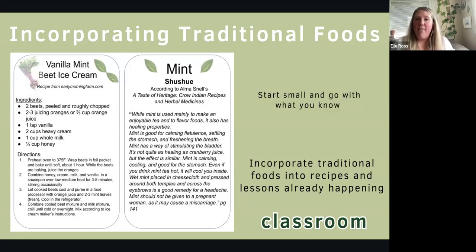And anytime we have that knowledge from a wonderful book, you'll see several times in this presentation, A Taste of Heritage by Alma Snell, we make sure to have both the Crow pronunciation and any information about that.